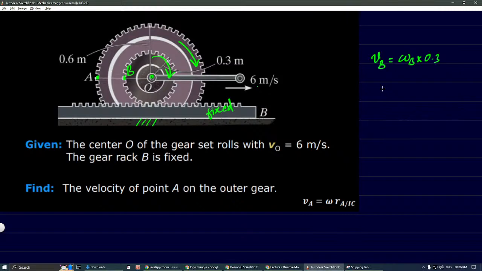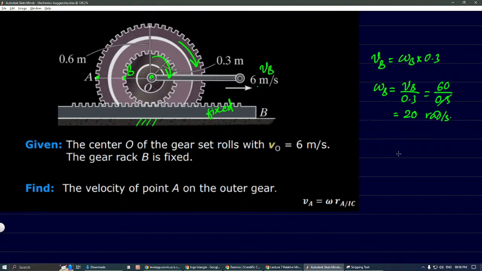Velocity of B will be same as this value, right? That we can substitute and find omega B. Omega B is how much? VB by 0.3. So 6 by 0.3. What do we get? 20 radians per second.